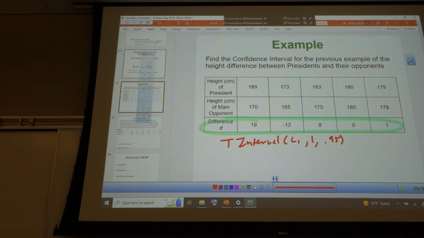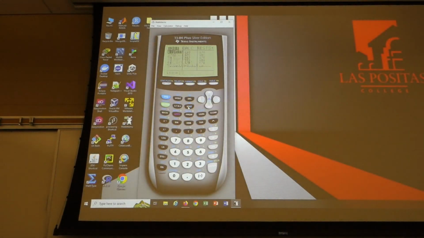Actually, this was one tail, so I do 90% there. So I'm going to change that. So I do stat, test, t-interval, because one-tailed becomes, when I make it two-tailed, 0.90, 0.9.